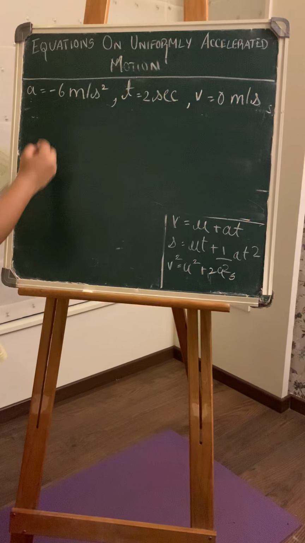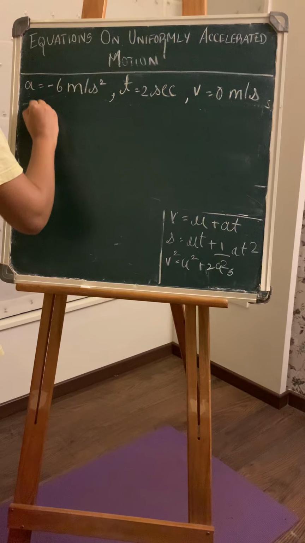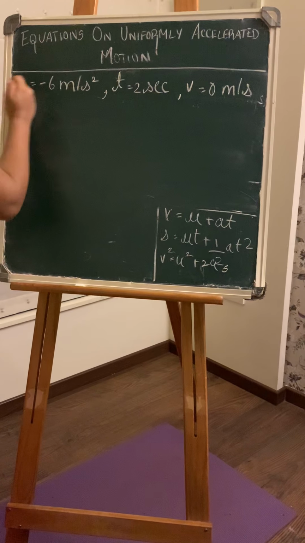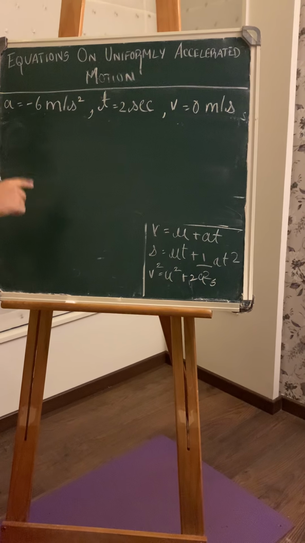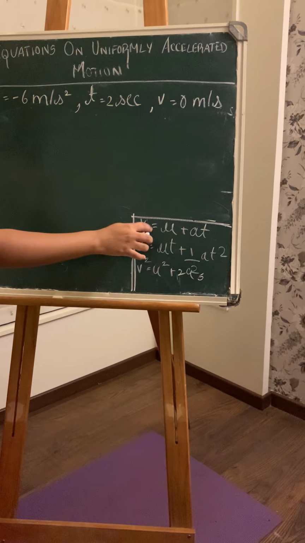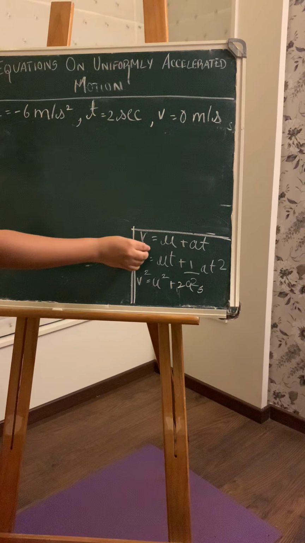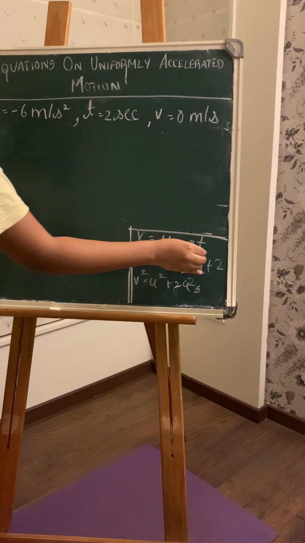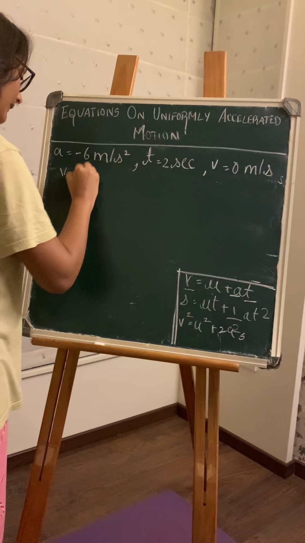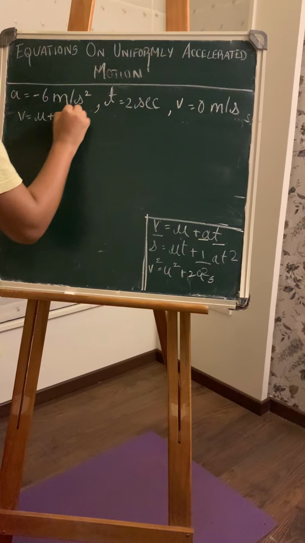Let's use the second equation for this. S is equal to, no wait, actually first we have to use the first equation to find out the initial velocity, because we know v and we know a and we know t, right? We need to find out u first. V is equal to u plus at.